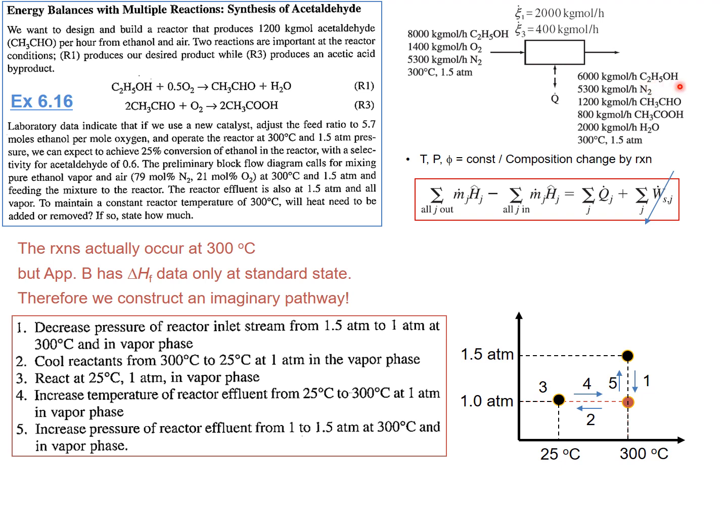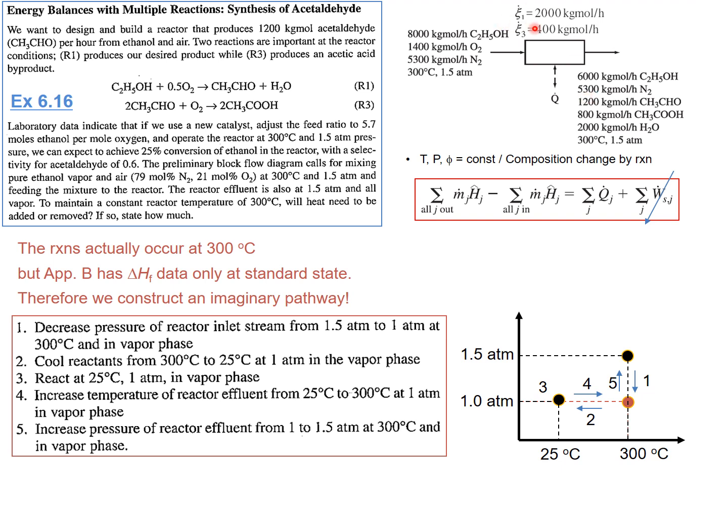Ethyl alcohol as the unreacted reactant, and nitrogen, acetaldehyde, desired product, and acetic acid, the byproduct, and water, that is the product of the R1 reaction, and that's it. So we have all values about the component for each stream.